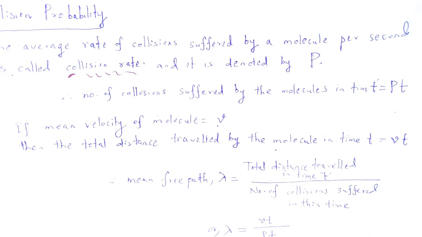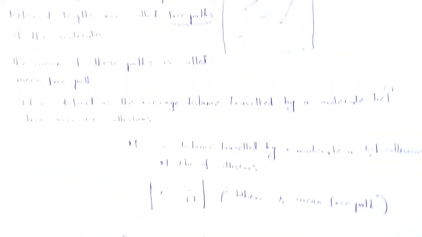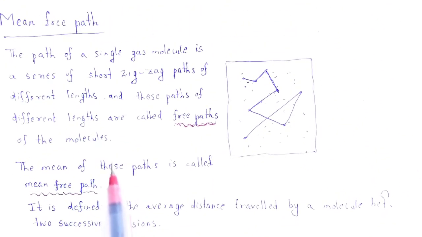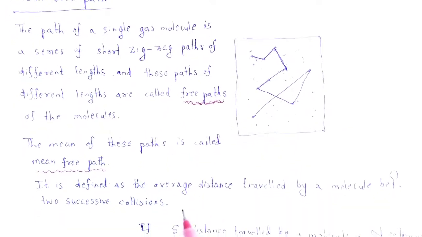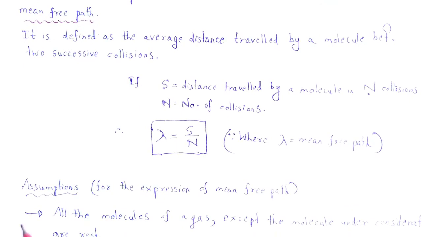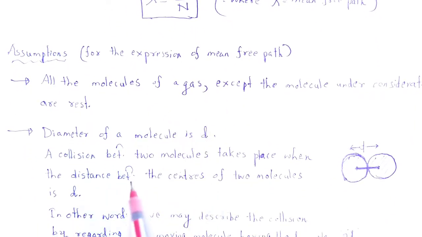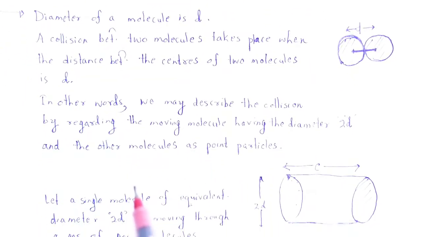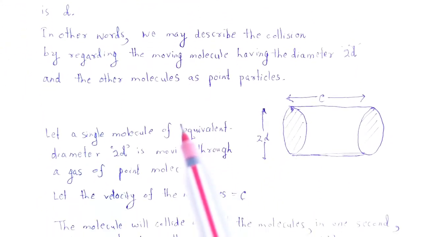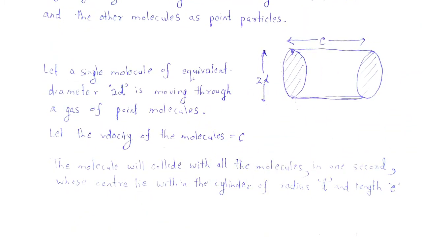Now with the help of this visual exercise we understand what is mean free path, its mathematical expression, and the assumptions to express mean free path. By using these two assumptions we derive the expression for mean free path.